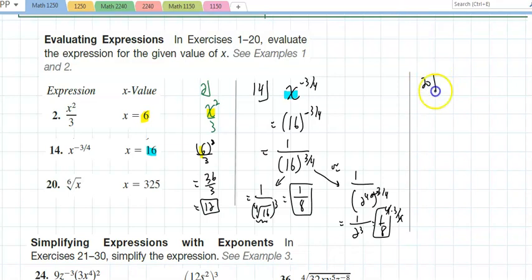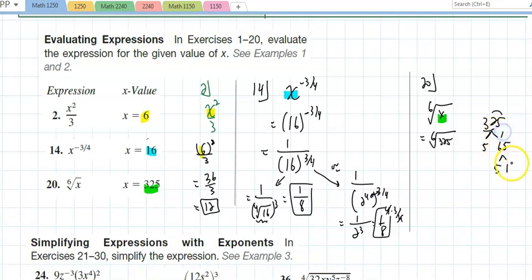And if I take number 20, the 6th root of x, and if x happens to be 325, then I'm looking at the 6th root of 325. If I break down 325, 5 divides it 65 times, and 5 divides 65, 13 times.